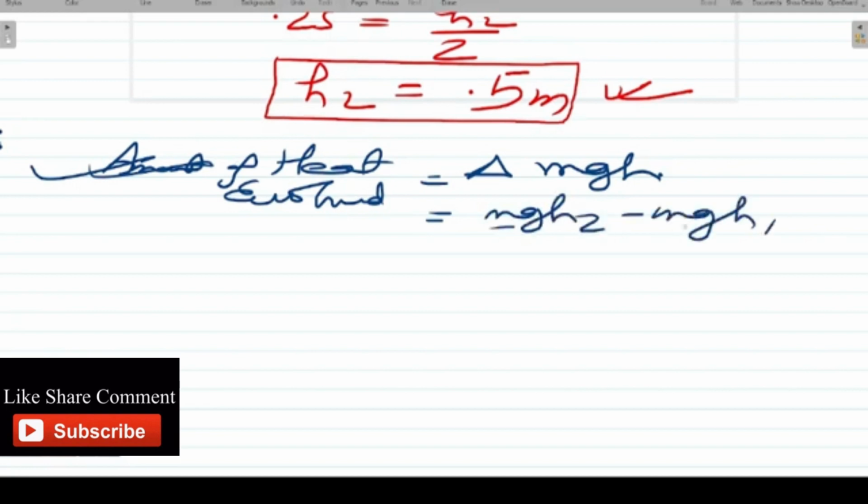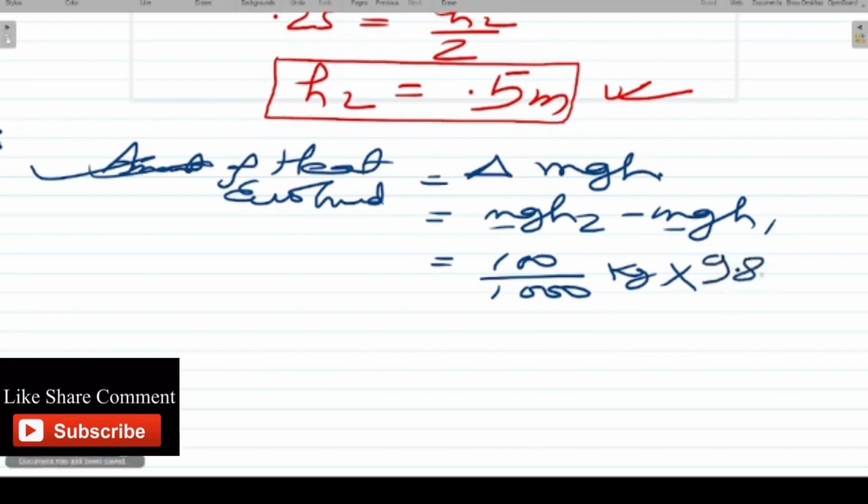The mass of the ball is always the same, 100 gram, so we divide by 1000 to convert it into kg. Take g as 9.8 meter per second squared, and h2 minus h1. What is h2?